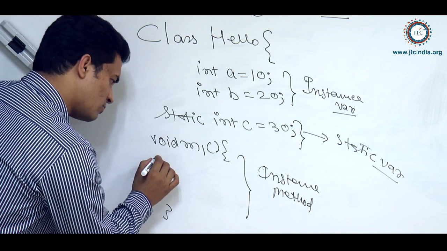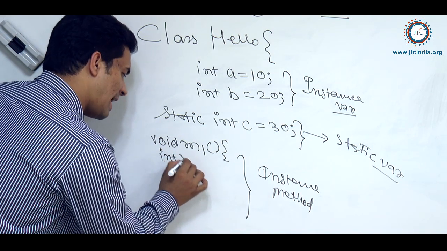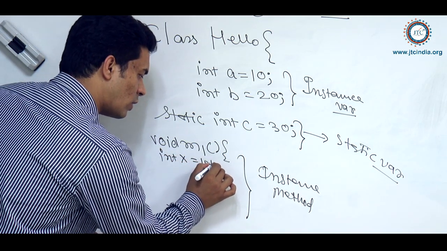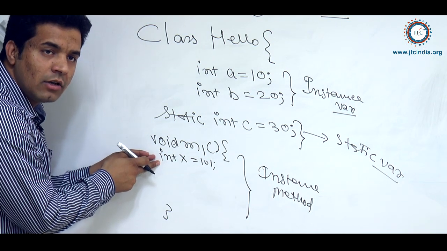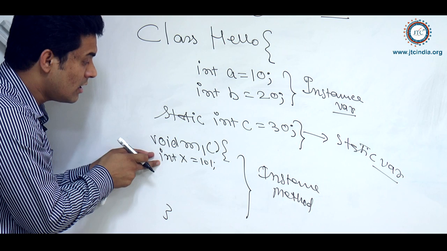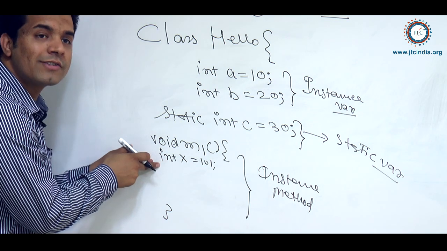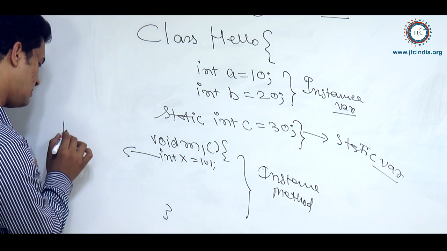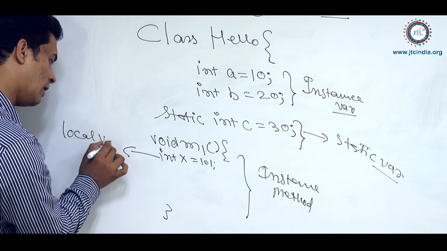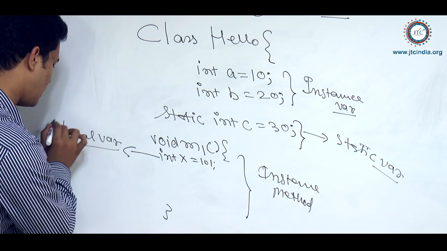So here if I am declaring one variable x = 101, we will not call this x an instance variable or static variable or anything, we will simply call it a local variable. What is this now?